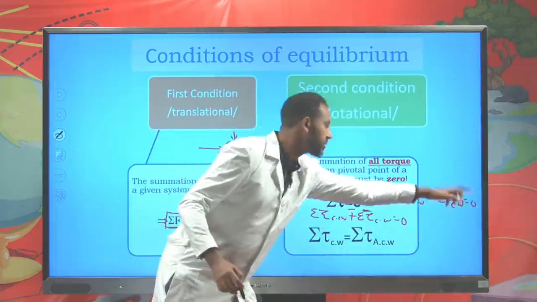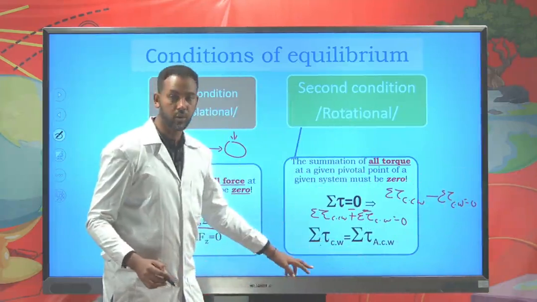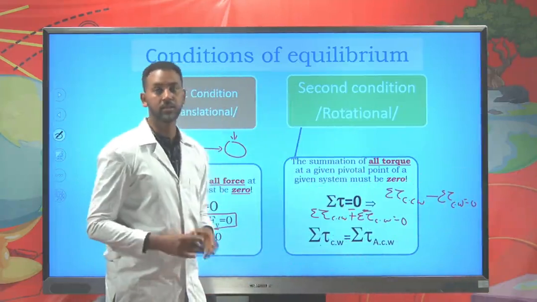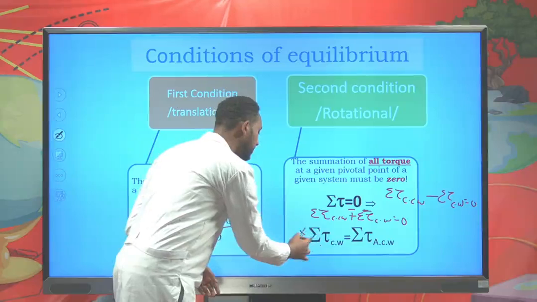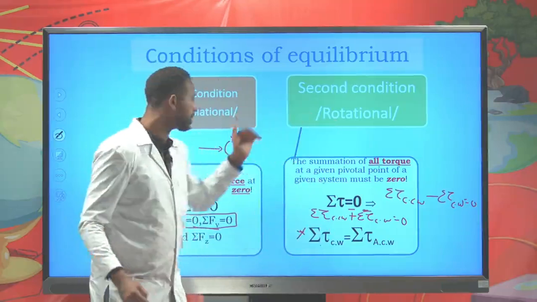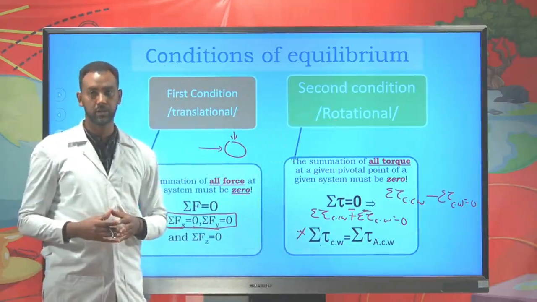When we transfer this to the other side, we can say that the summation of clockwise torque is equal to the summation of counterclockwise, or anti-clockwise, torque. So this is the second condition, known as the rotational condition of equilibrium, whereas the net force being zero is the first condition of equilibrium.